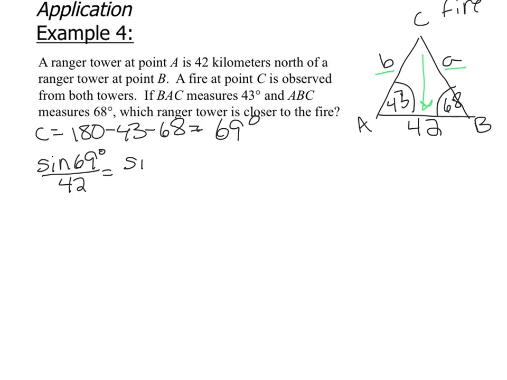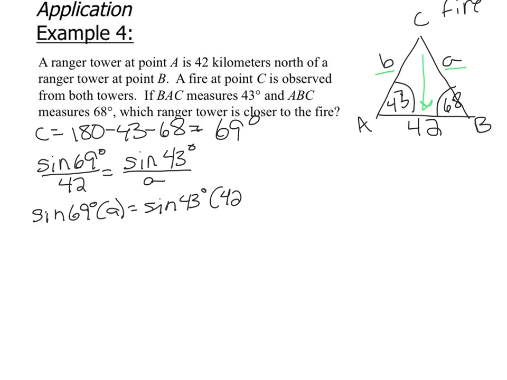I'm going to solve for A. So I'm going to say it is equal to the sine of angle A, which is 43 degrees, divided by A, which is unknown. Then I'm going to do my cross multiplication, and I'm going to get the sine of 69 degrees times A is equal to the sine of 43 degrees times 42.